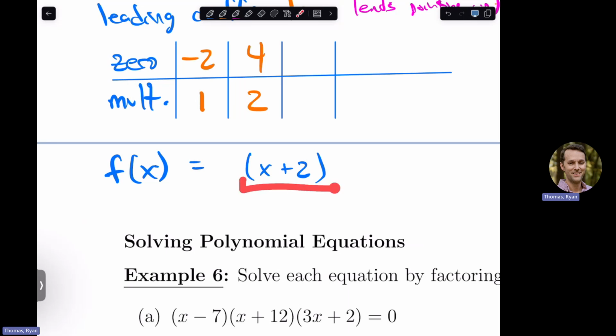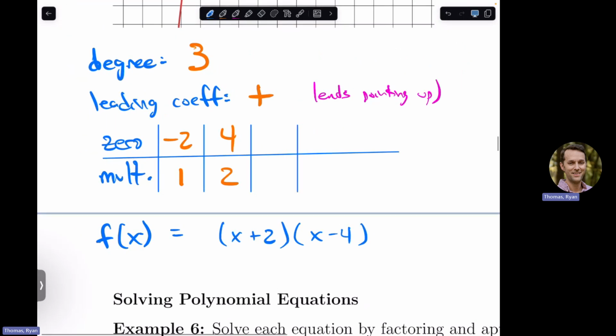The idea being that if I take this and set it equal to 0 and solve, I move -2 over by subtracting, which causes that sign change, right? And that's why the generic thing I wrote down is x minus a. Okay, the other factor would be x minus 4.